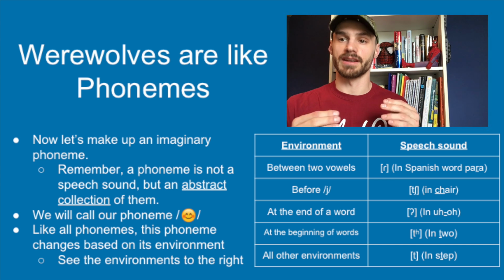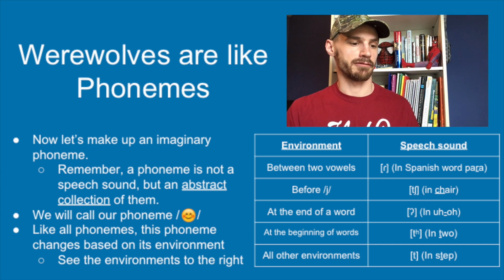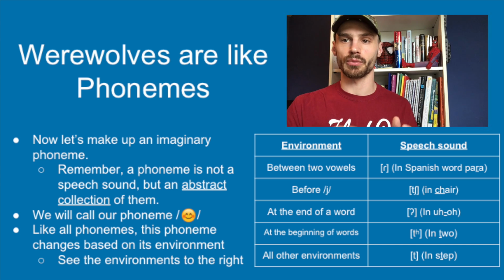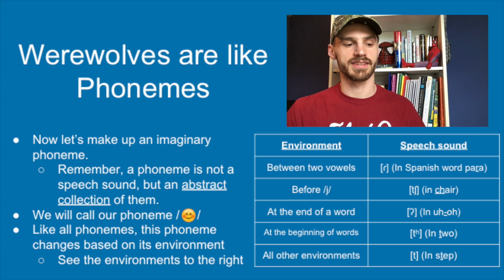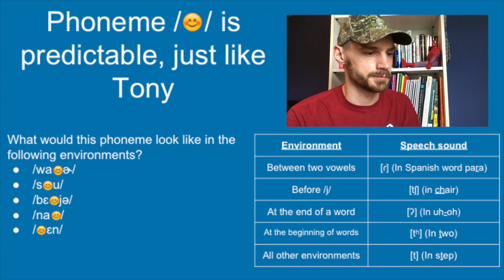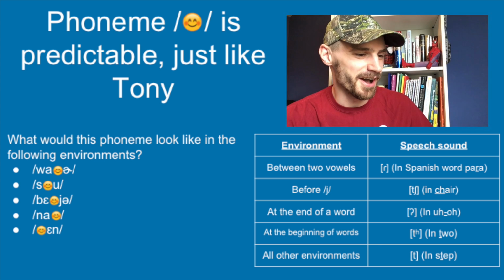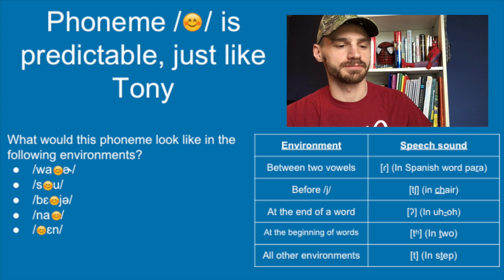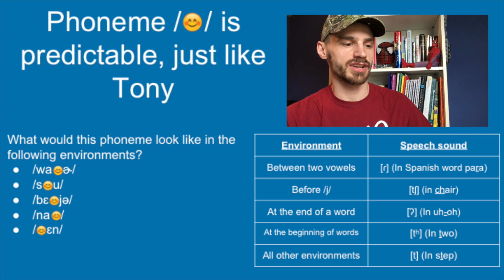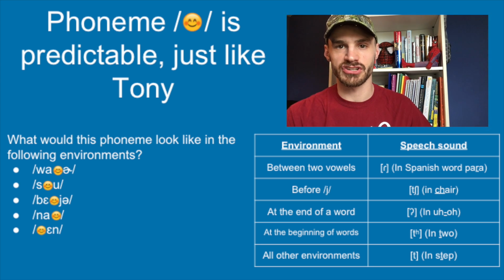So these are the different environments that phoneme smiley can occur in, and all the different ways that this phoneme can manifest itself. All right, now we're going to put this to the test. Pop quiz. Look at the following phonological environments.